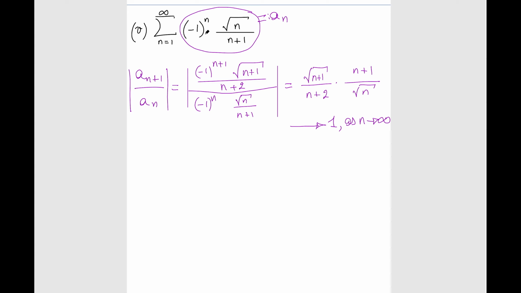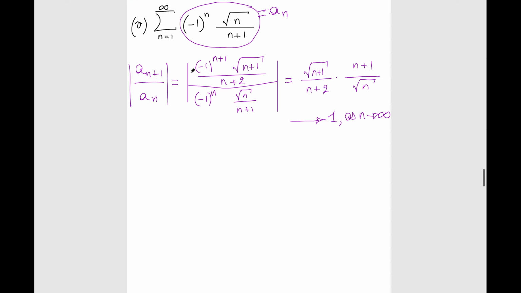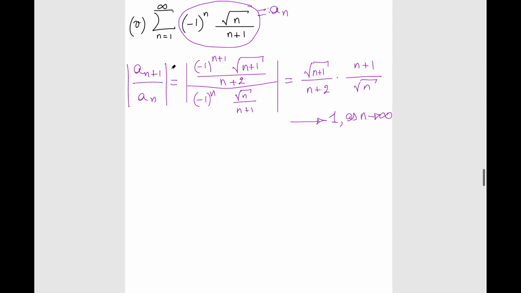How about we use the alternating series test? So we instead use the alternating series test. Let's abbreviate it with the acronym AST.